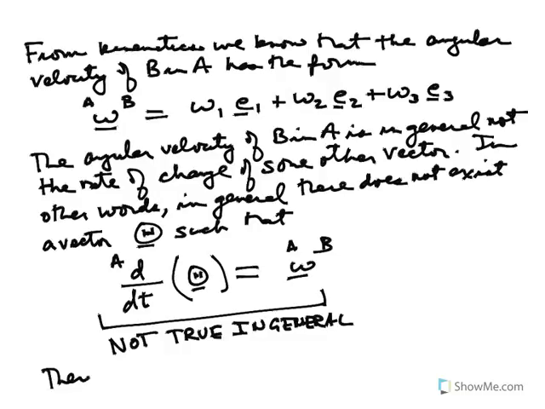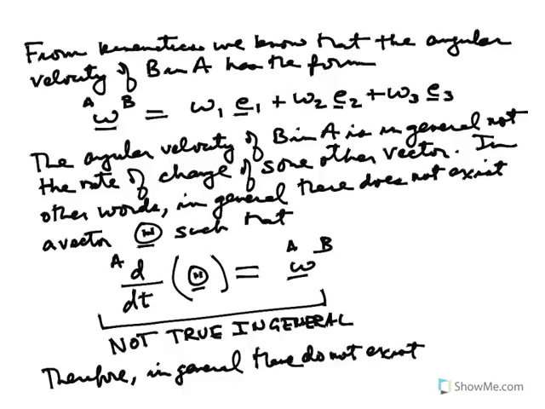Therefore, in general, there do not exist three quantities, let's call them Q1, Q2, and Q3, such that Q i dot is equal to omega i.